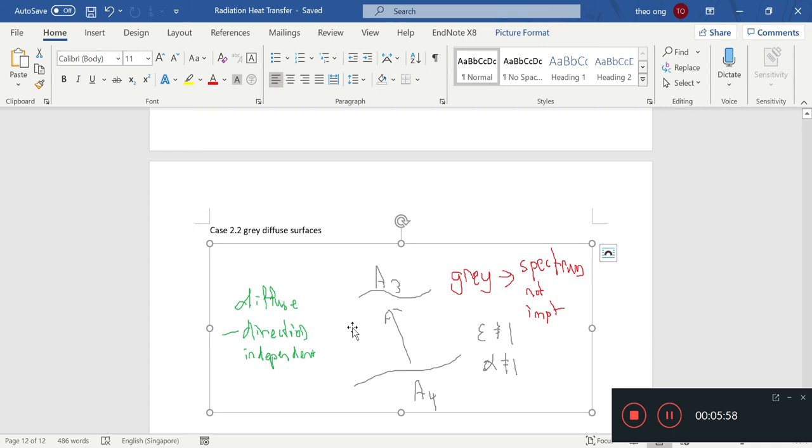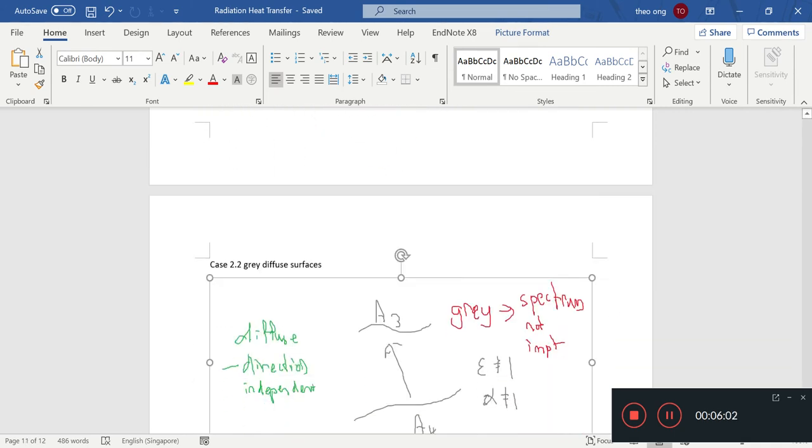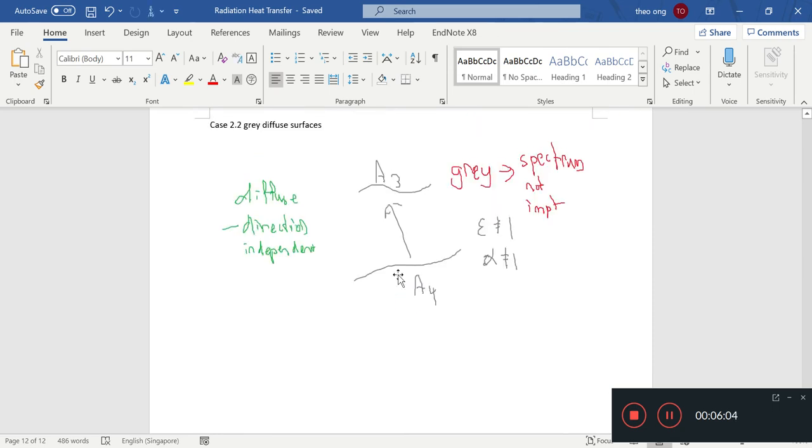We start with simple, and we add levels of complication, which in this case is a gray diffuse surface where the emissivity and absorptivity are not 1. So that's why we spent all that time in the last 7 videos talking about emissivity, absorptivity, intensity, etc.